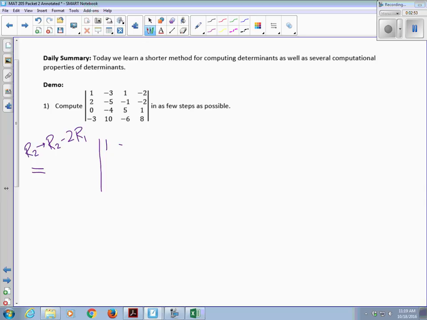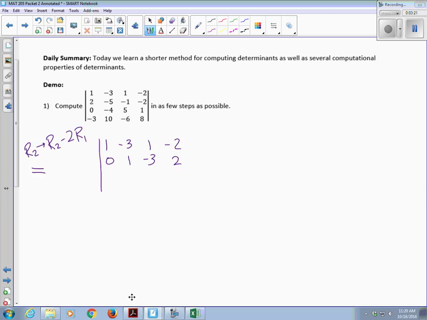So 1, -3, 1, -2. And my row 2 is going to become 0, 1, -3, 2. And then I also want to knock out this -3. And in the past, I would have you write it out in a separate step, but I'm just going to do it in the same step.